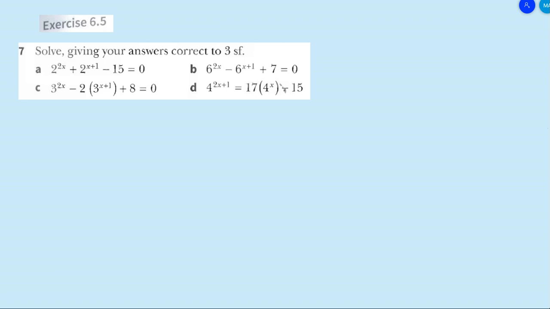This is question number 7. Solve, giving your answer correct to 3 significant figures.